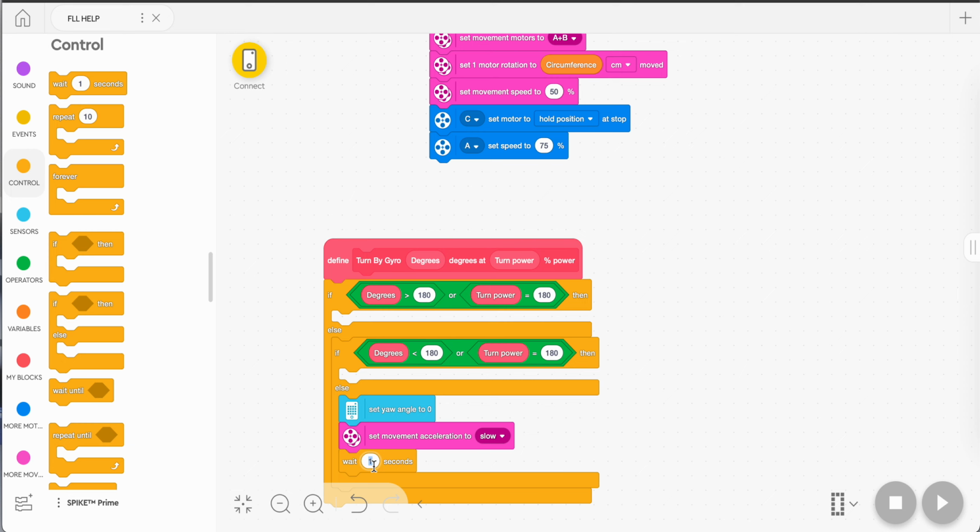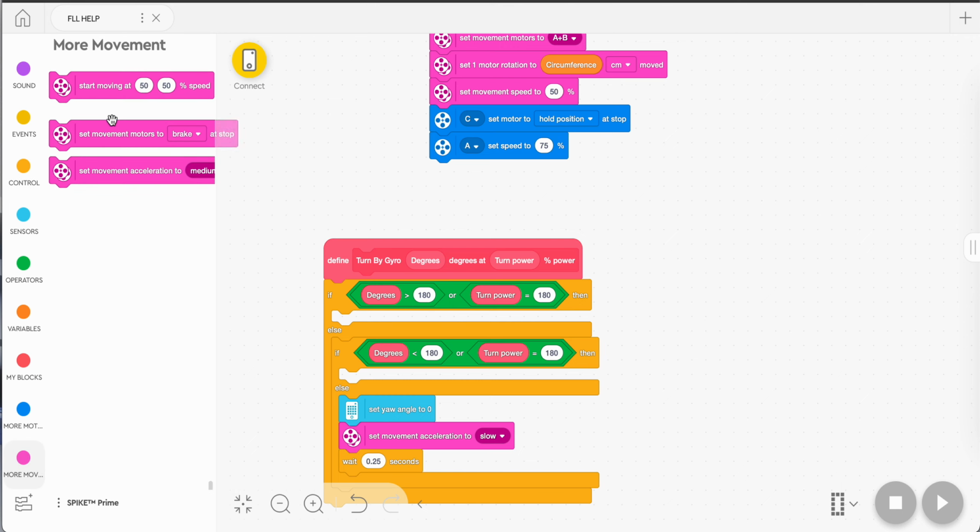Sometimes it might glitch out, so my suggestion, 0.25. So if you were to have 4 turns, that would equal 1 second that you're wasting. Alright, go into more movements, grab start movement at that.